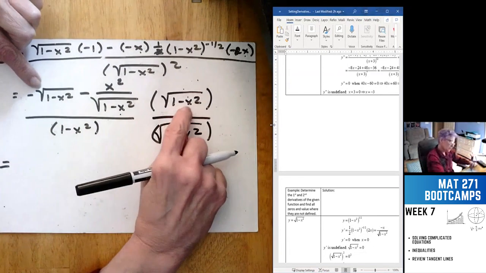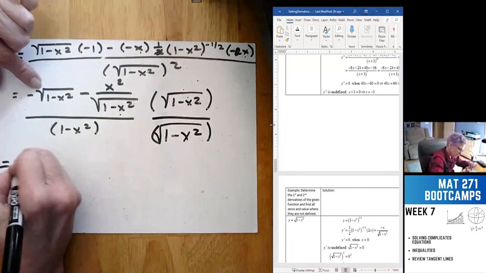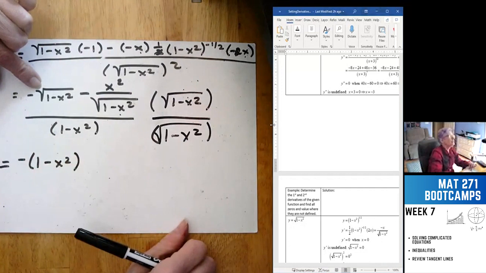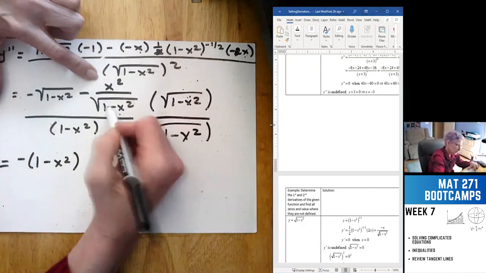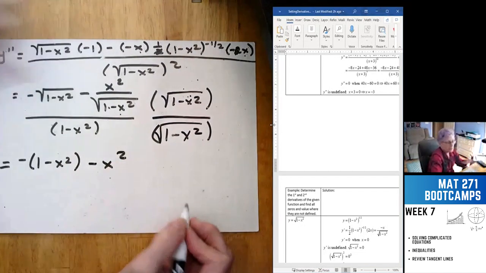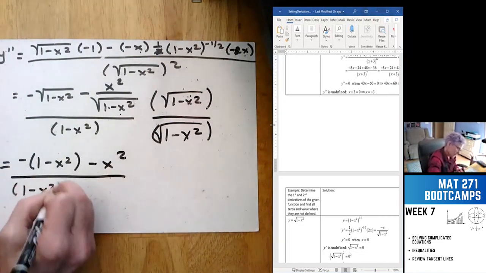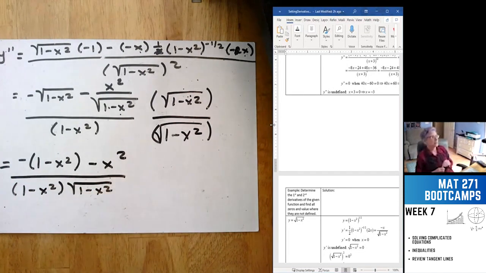When I multiply the square root of 1 minus x squared times the square root of 1 minus x squared, that square root disappears as if by magic, and I'm left with 1 minus x squared. This one cancels with that one, and I have minus x squared left. Down below, I have 1 minus x squared times the square root of 1 minus x squared. So far, so good?